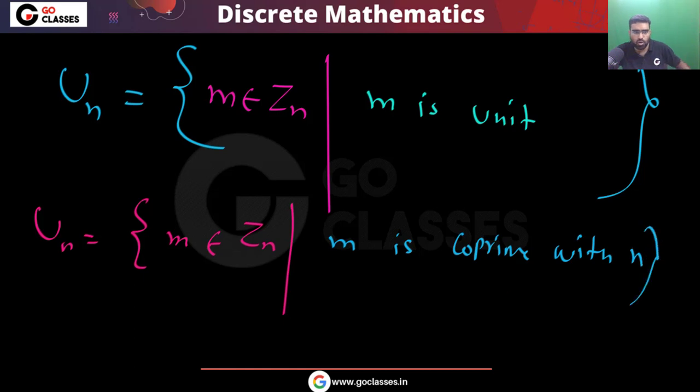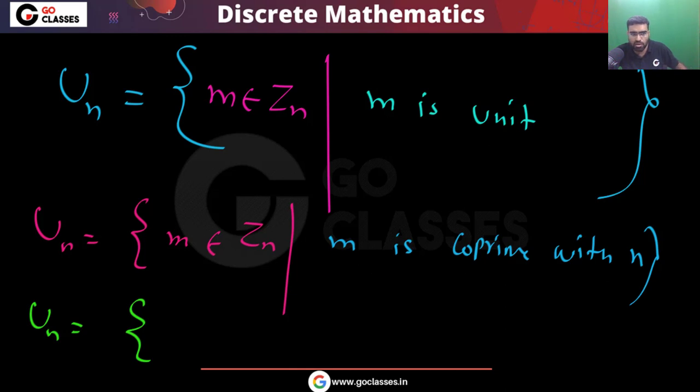Or you can simply say that this Un, because 0 will never be co-prime with n, will contain the elements from 1 to n minus 1 which are co-prime with n.